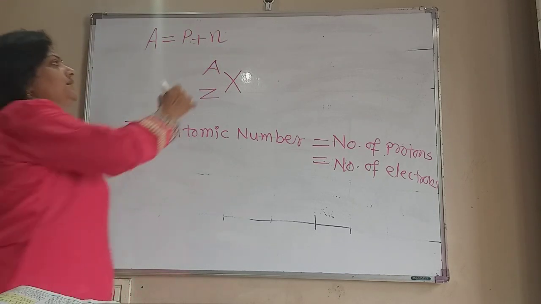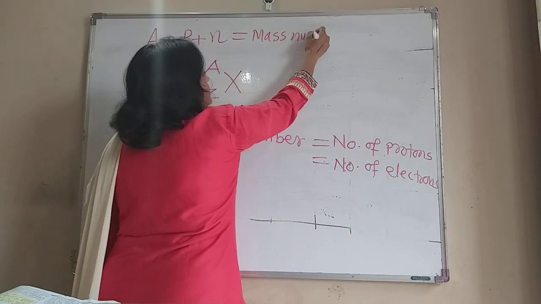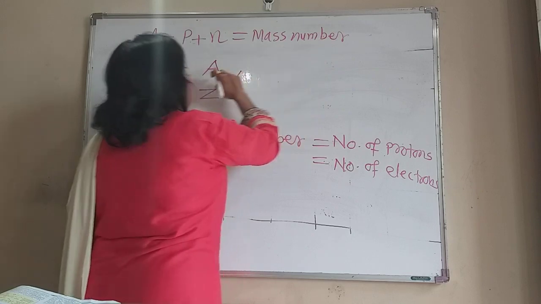It is called the mass number, and it is denoted by capital A.